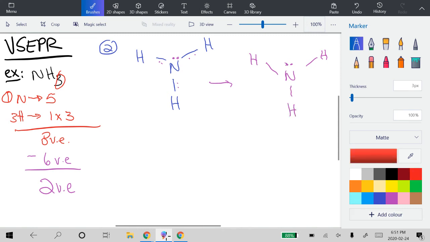And to know if we're right or not, we have to check formal charges. So the formal charge of hydrogen, we know it wants 1 valence electron because it's in group 1. It has 0 lone electrons and half of the 2 electrons in that bond, which is 1 minus 0 minus 1, so a formal charge of 0, which is what we were looking for.